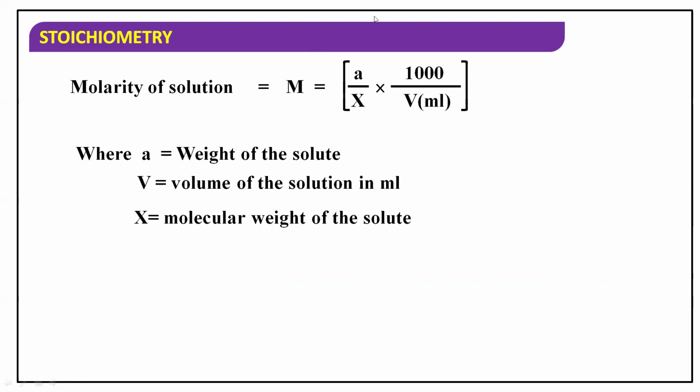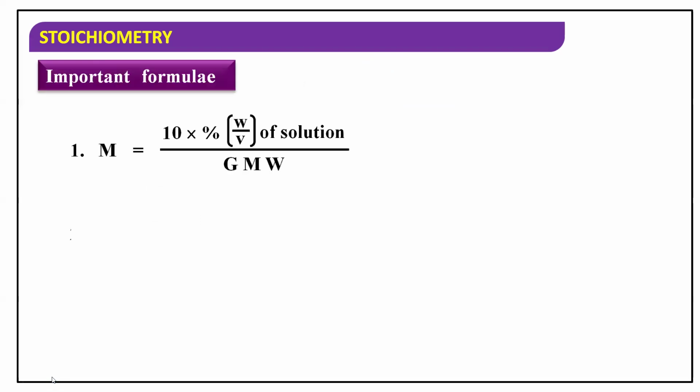Okay. So this is A upon X. Now what is A? A is the given mass. What is X? X is the molar mass. So basically what is this? Moles. You know that given mass upon molar mass is moles. Okay, so this is how we will calculate the molarity of the solution.